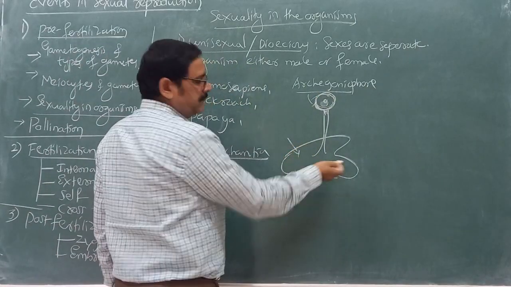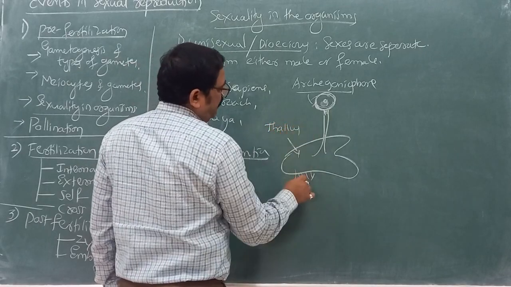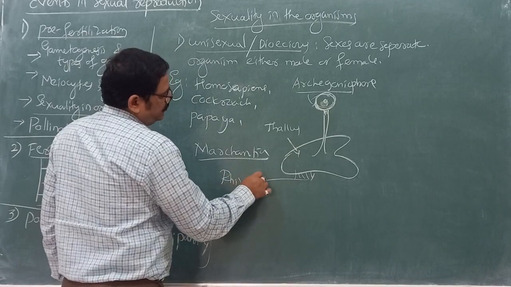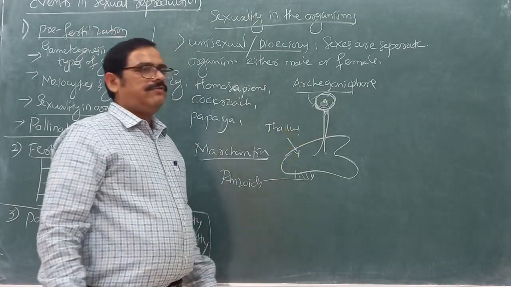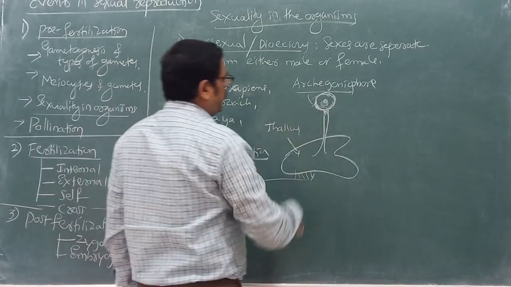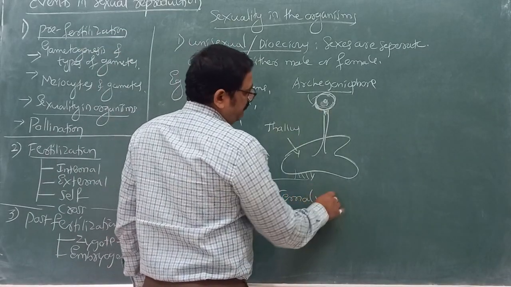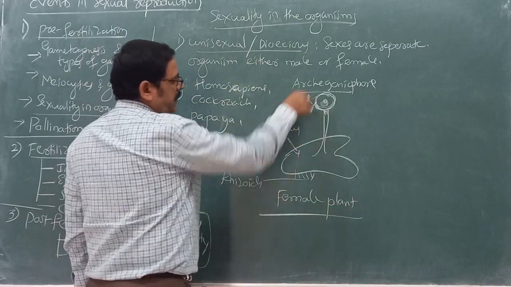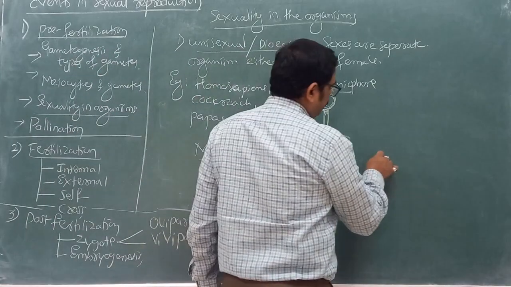This green part is called the thallus, with root-like rhizoids. This one has an archegoniophore. Is it male or female? It is a female Marchantia, a female plant. Now, what is the male?